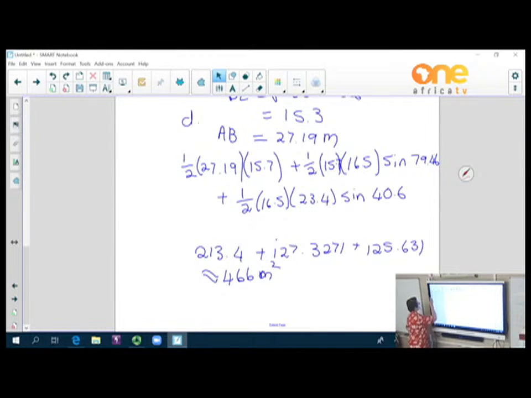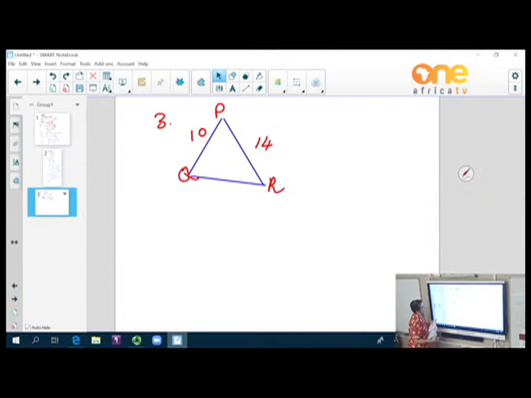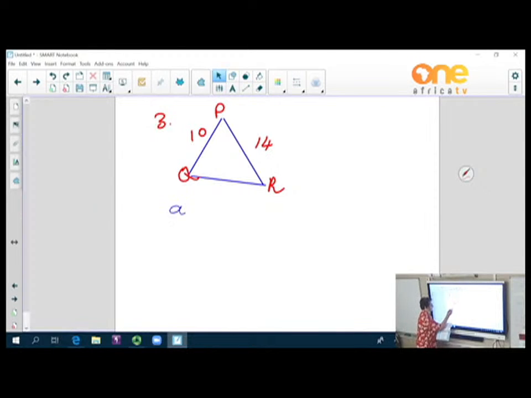And let's look at the last one, number 3. There's my triangle. In the triangle, QPR is acute. We've got those sides. And the key sentence again is here. The area of the triangle is 48. Is this a right angle triangle?